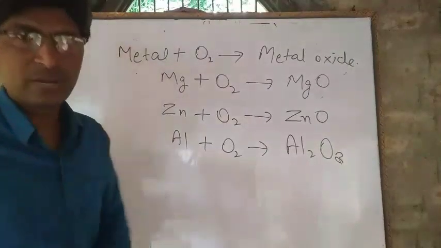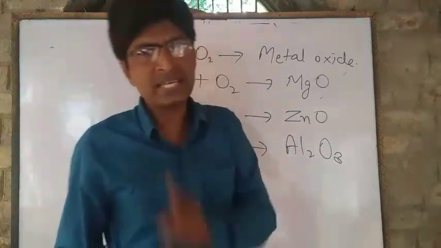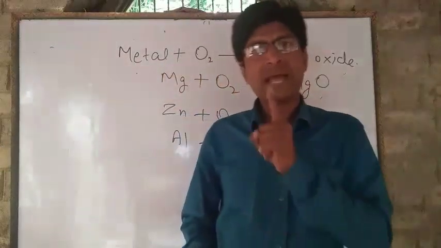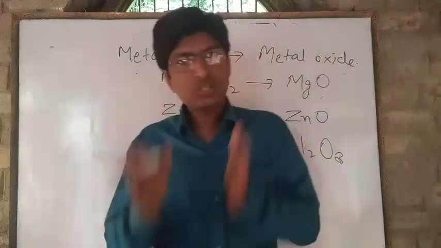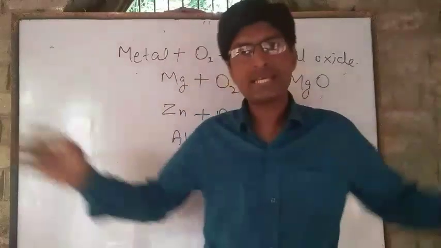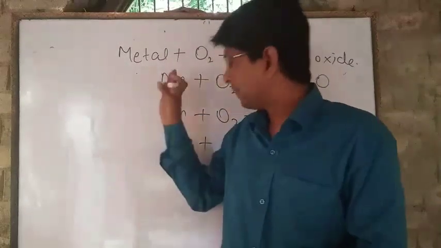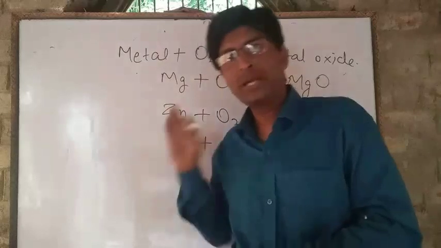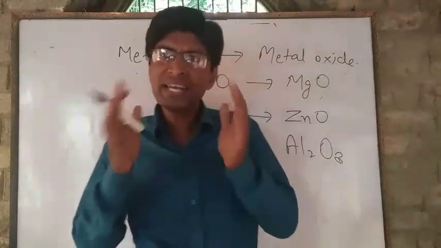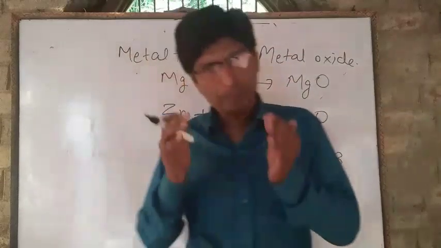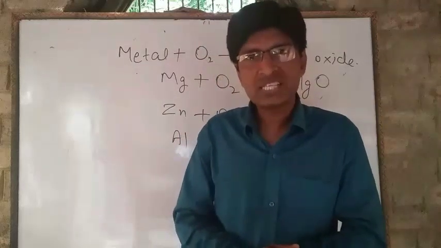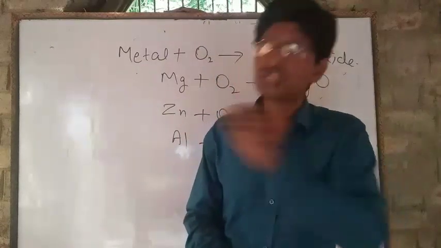So dear students, once again I am repeating this: sodium, potassium and calcium can react with oxygen at atmospheric temperature, but magnesium, zinc and aluminum, such moderately reactive metals, react with oxygen on heating or strong heating.